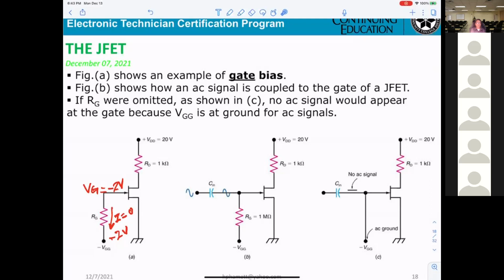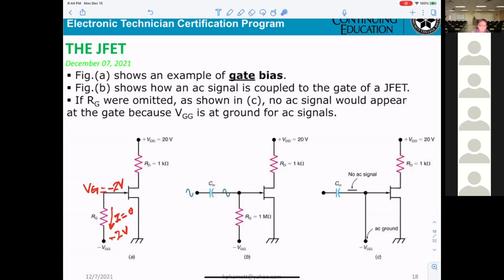Like you said, there's no component. Basically you don't need RG in this situation, right? No.